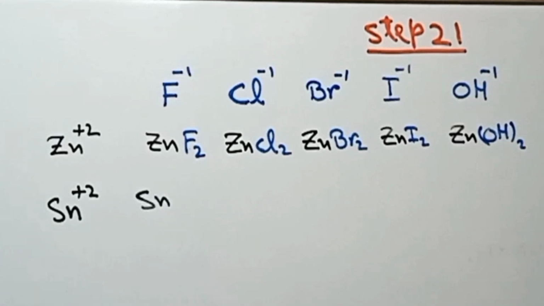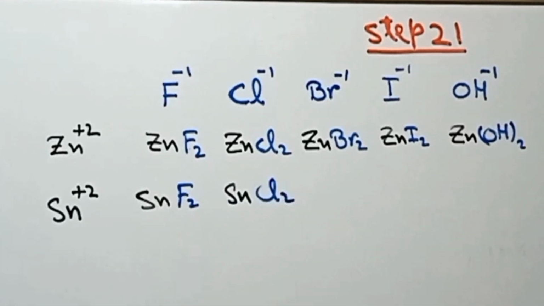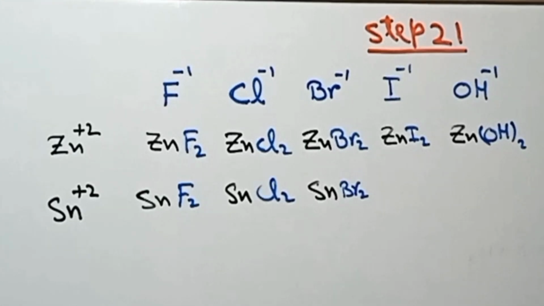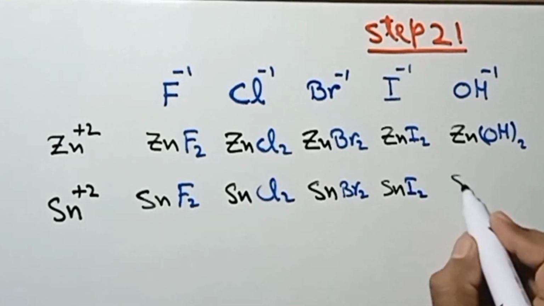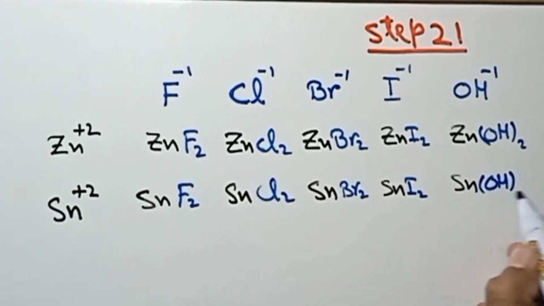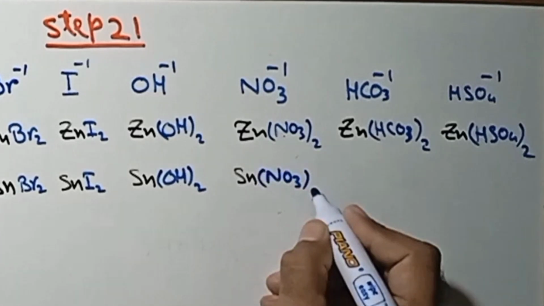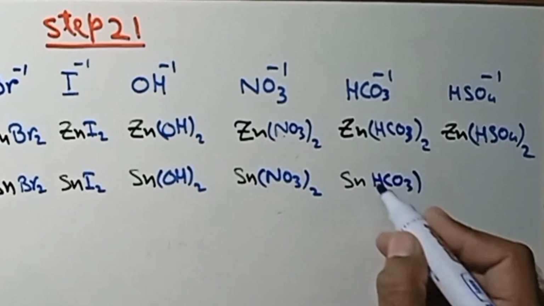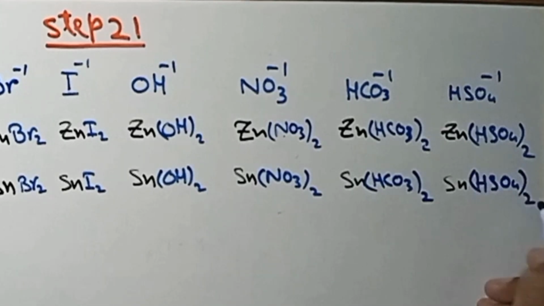Now stannous, SnF2, stannous fluoride, SnCl2, stannous chloride, SnBr2, stannous bromide, SnI2, stannous iodide, Sn(OH)2, stannous hydroxide, Sn(NO3)2, stannous nitrate, Sn(HCO3)2, stannous bicarbonate, Sn(HSO4)2, stannous bisulfate.